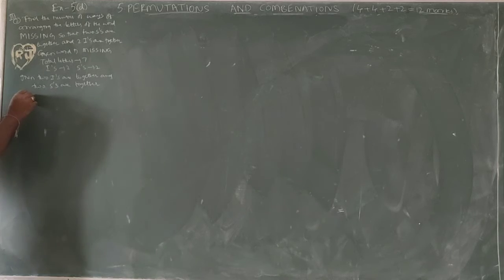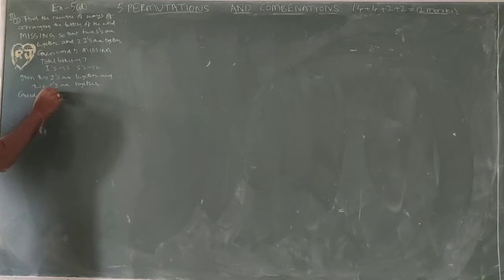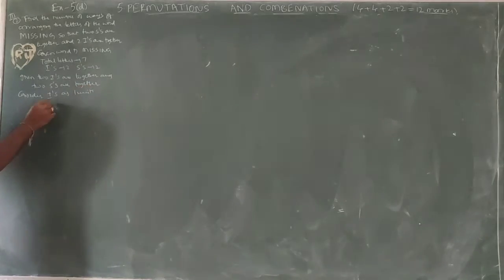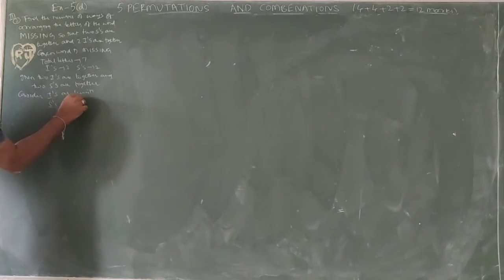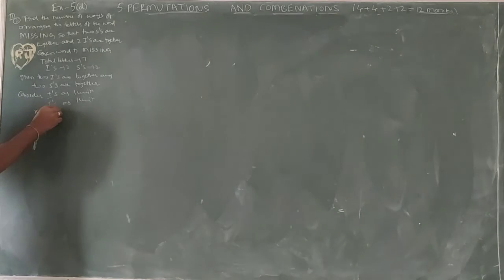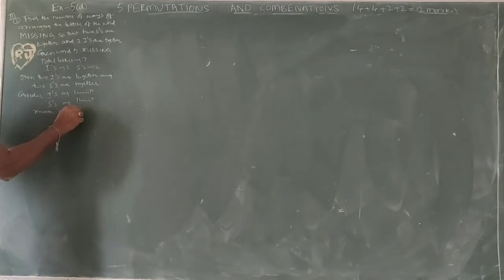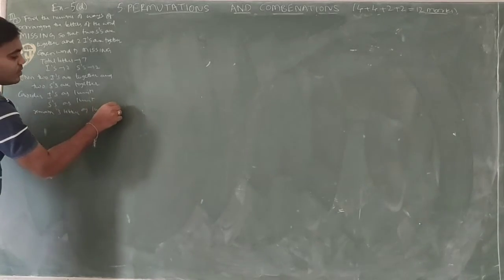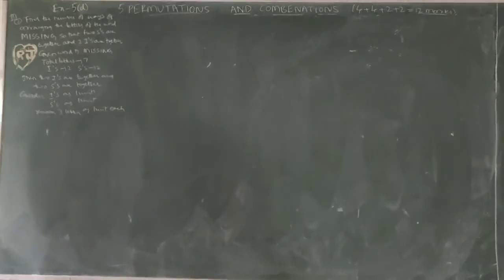Consider the I's as 1 unit and the S's as 1 unit. The remaining 3 letters are 1 unit each.